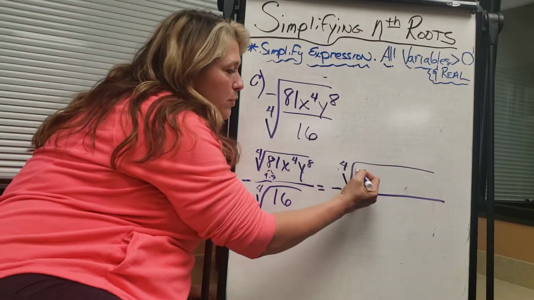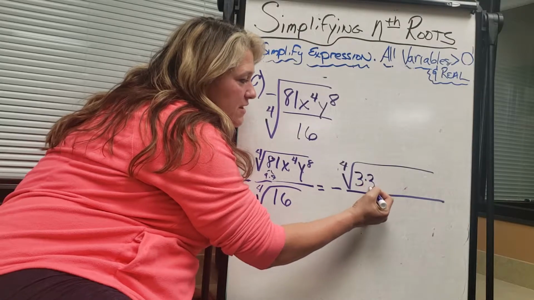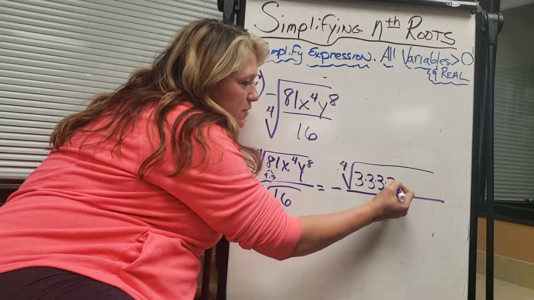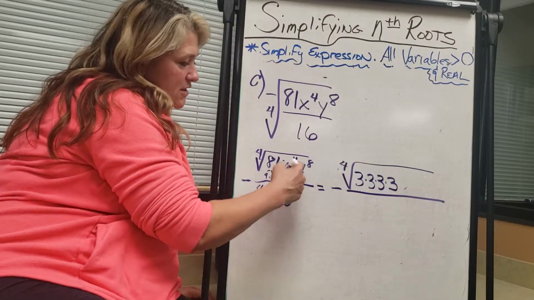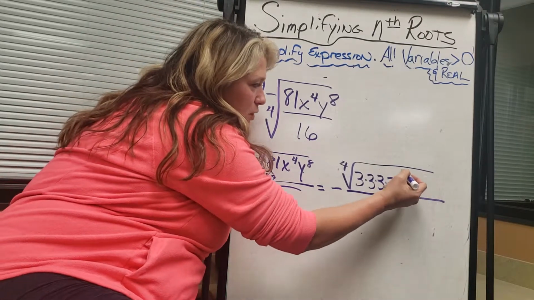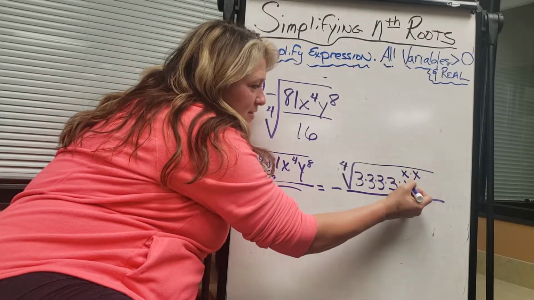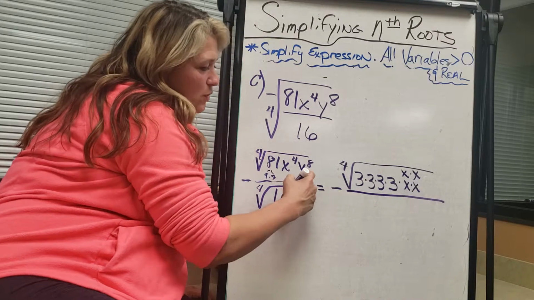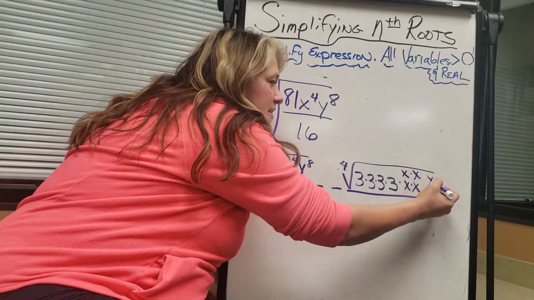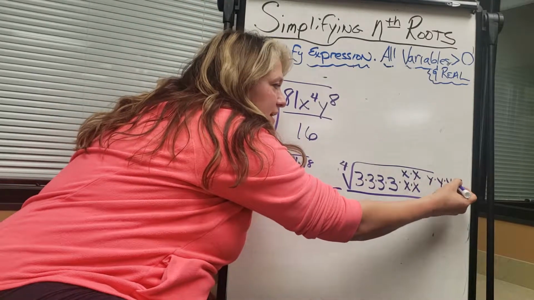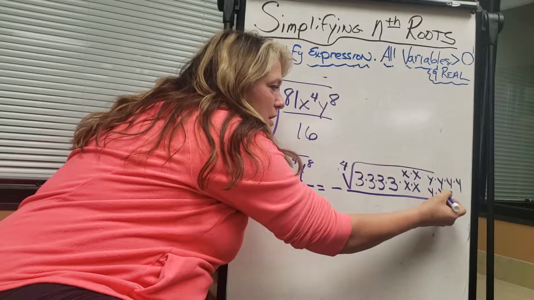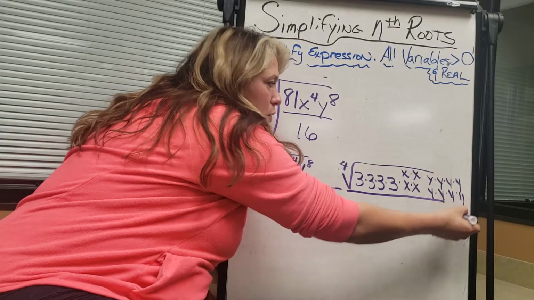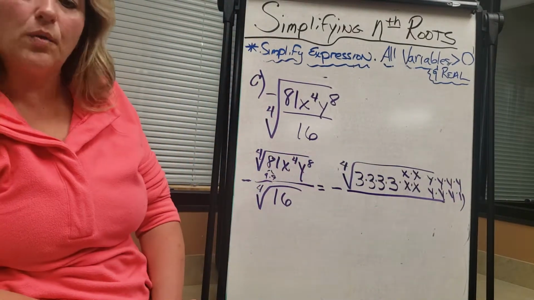So 81 prime factorization is 3 times 3 times 3 times 3. X to the 4th is, of course, x times x times x times x. And y to the 8th is, of course, 8 factors of our y multiplied by itself, right?